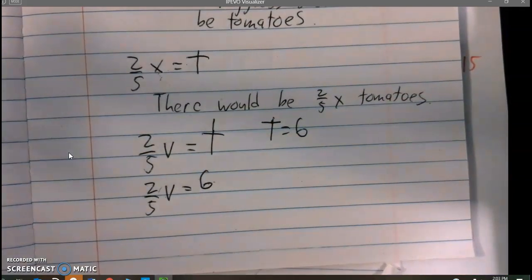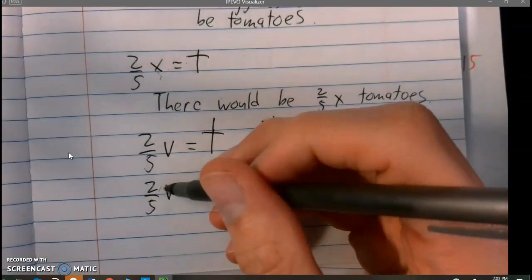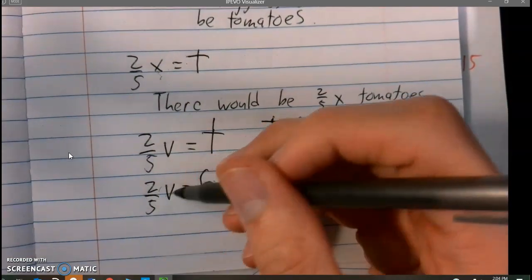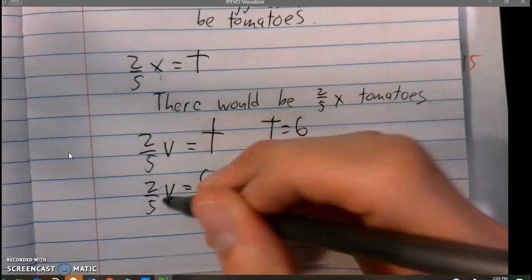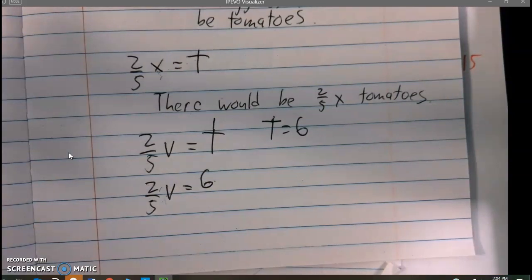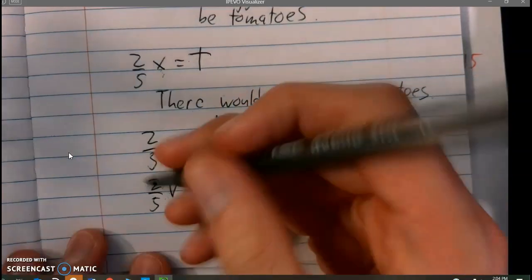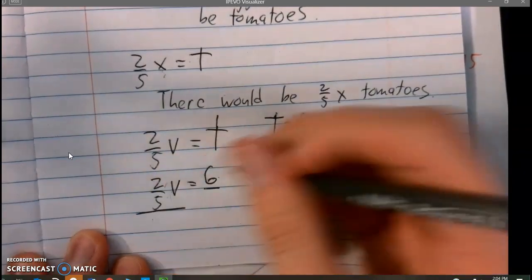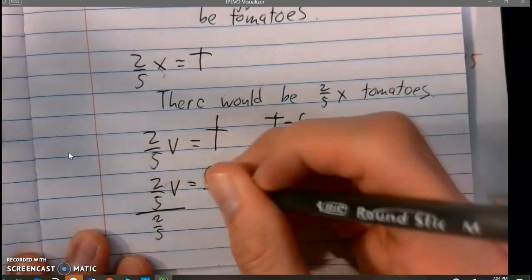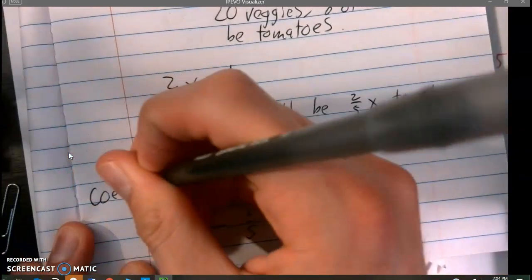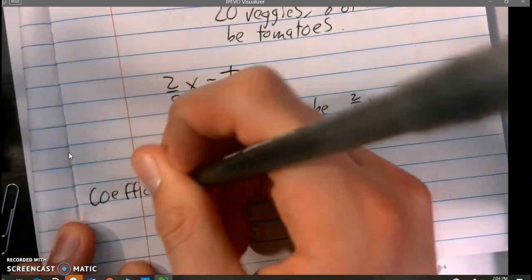Now, if we are doing multiplication and we're missing one of our factors, we're missing this times this equals this, but we're missing one of the factors, then we do the inverse or opposite operation to solve. The opposite of multiplication is division. You always divide by the coefficient.